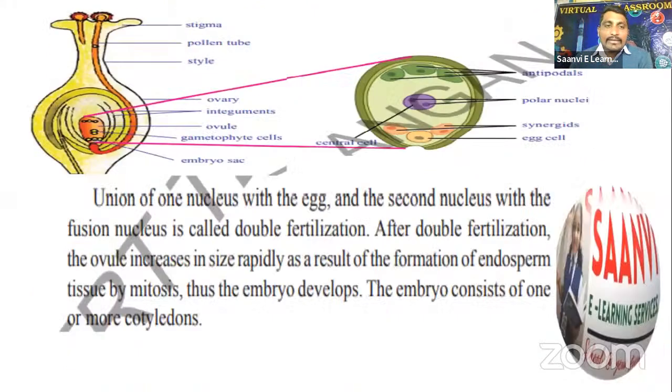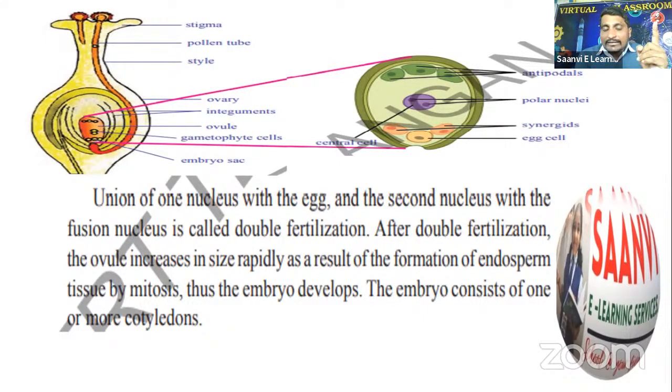See here, the union of one nucleus with the egg, and a second nucleus with the fusion nucleus, is called double fertilization.